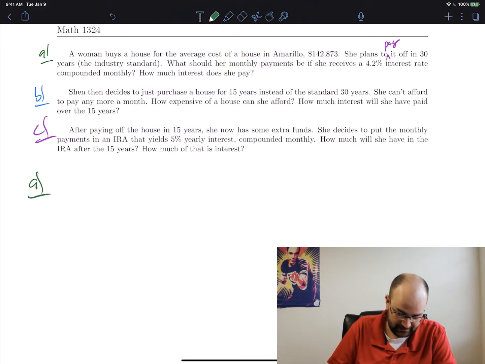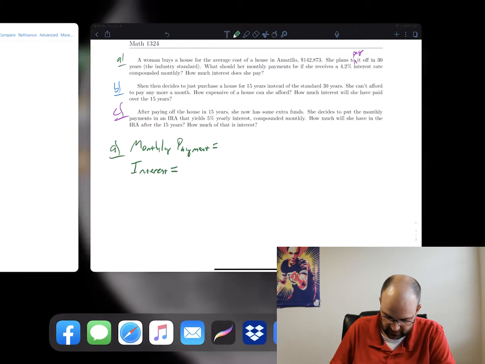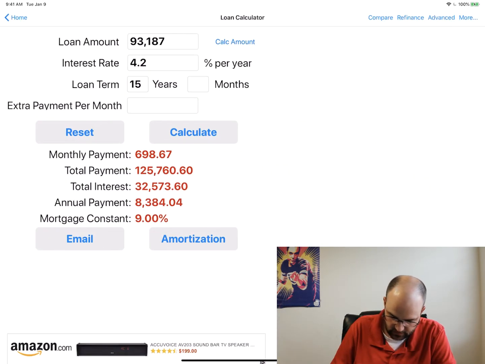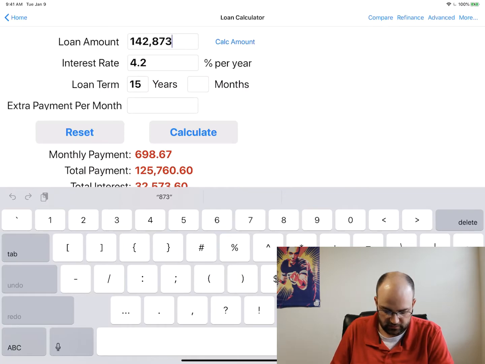Okay, on A, we can just use the easy calculator. So if we go to easy calculator, we go to 142,873 for the loan amount, the interest rate of 4.2% for 30 years.